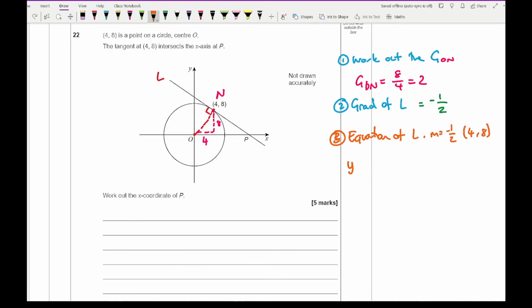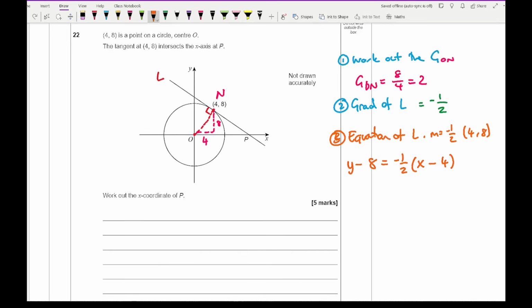So I've got y minus 8 equals minus a half (x minus 4). And again, you could use y equals mx plus c, exactly the same, but I prefer using this one, especially when you know the gradient and a point on the line.